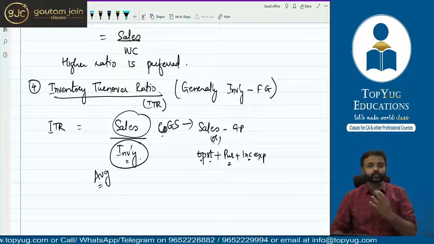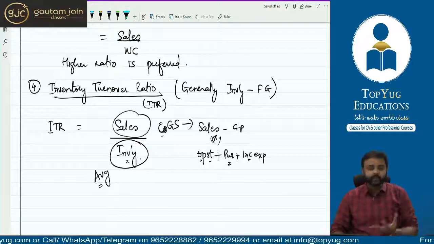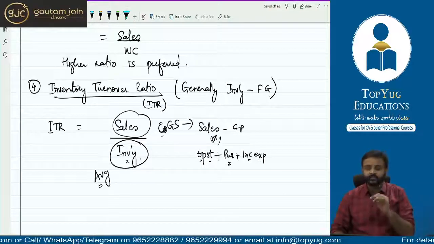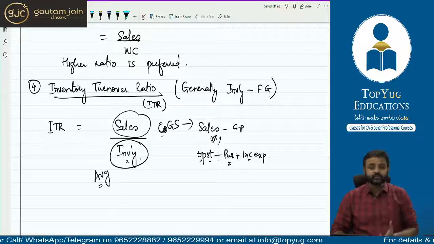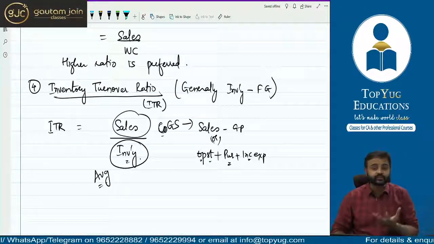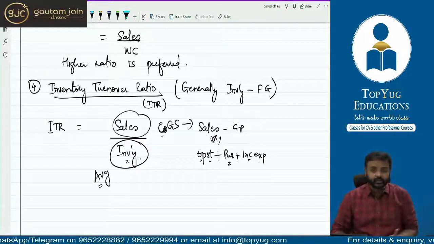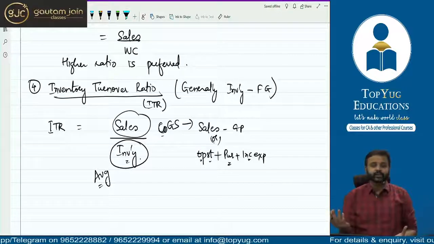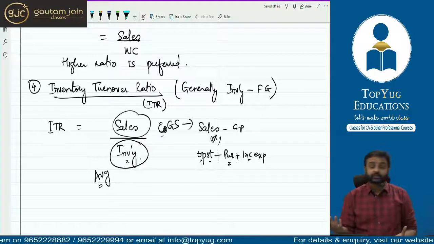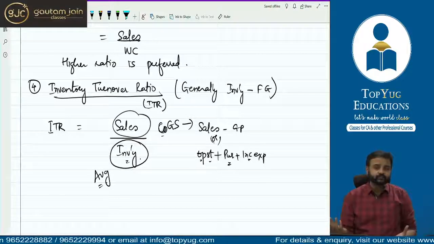So let's say opening stock is worth 200 rupees. Purchases and incidental expenses come to, let's say, 500. So 200 plus 500 is 700 rupees worth of stock we have during the year. But when we see at the end, we find only 300 is there. So what happened to the remaining 400?